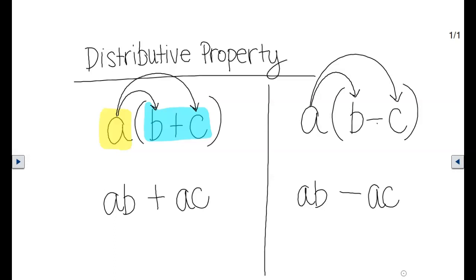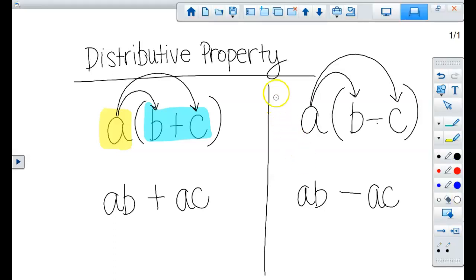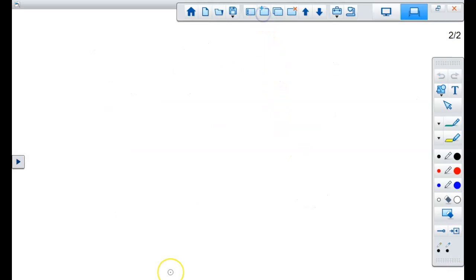You take the number that is outside the parentheses and distribute that number to every member of your group, which means that you multiply that number times every member of your group. Now, you probably noticed that in all of the examples I did yesterday, and in all of the problems you did on your assignment yesterday, I kept our numbers positive.